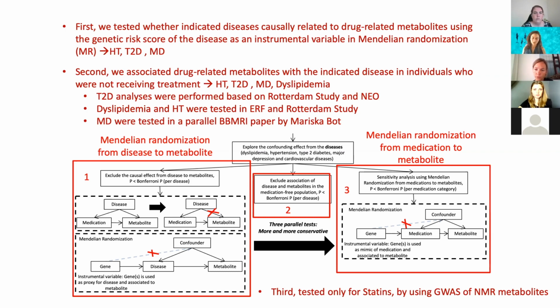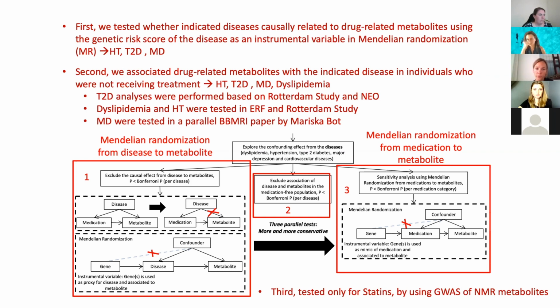When we were doing this, we used the genome-wide association study of this platform, which we had published earlier. And for each of these analyses, we had to use a different subset of the studies.